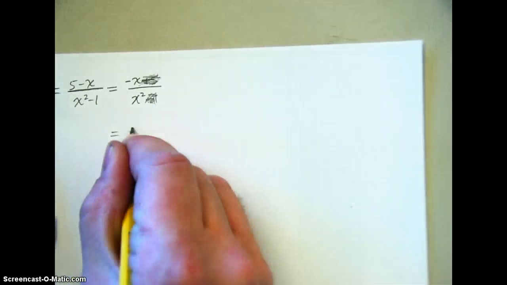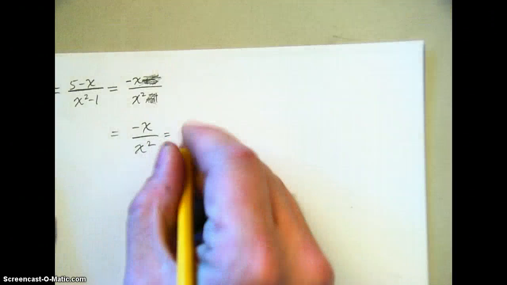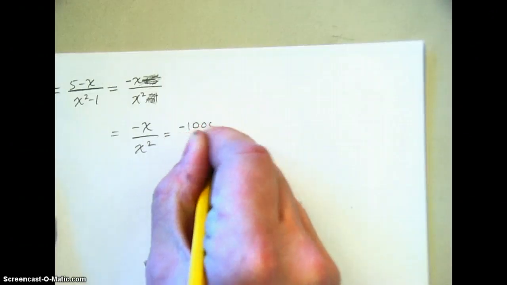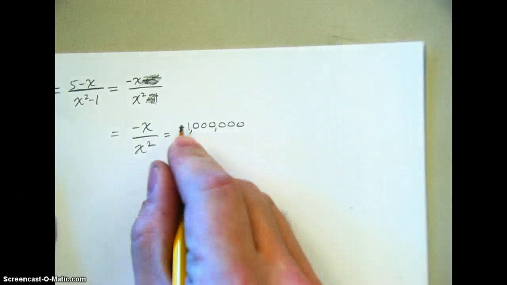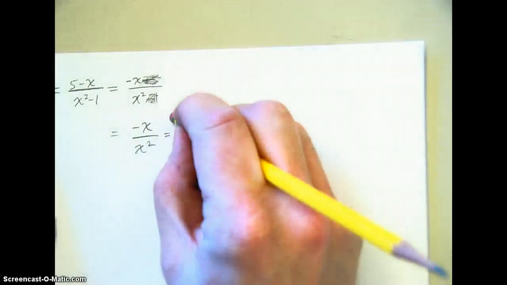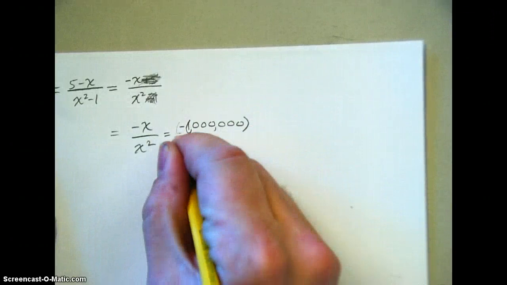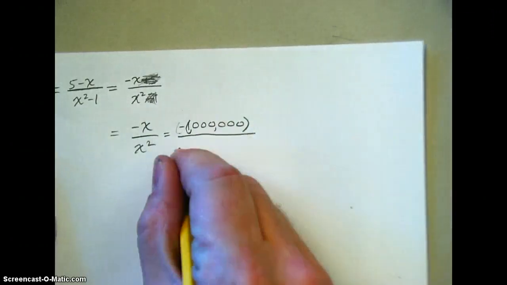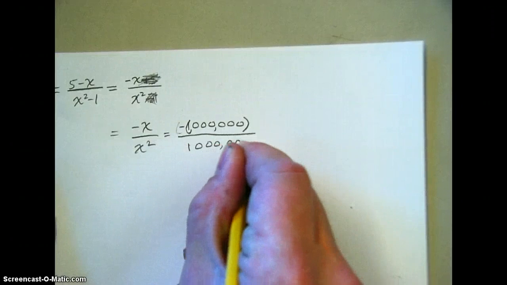Let's just say we have negative x over x squared, and we're trying to figure out what we're getting really close to. That's our asymptote. So if I put in a million for x, I have negative 1 million, 6 zeros, over x squared, which is 1 trillion. Maybe I shouldn't have picked such a big number.